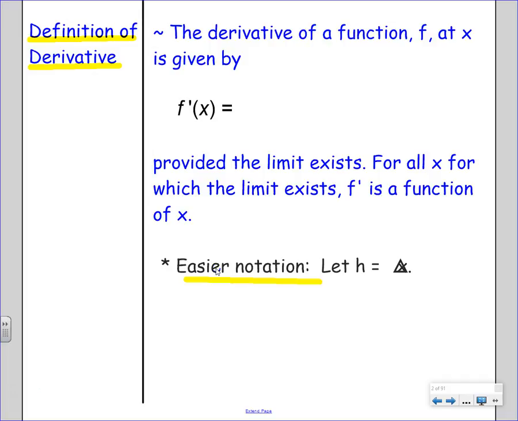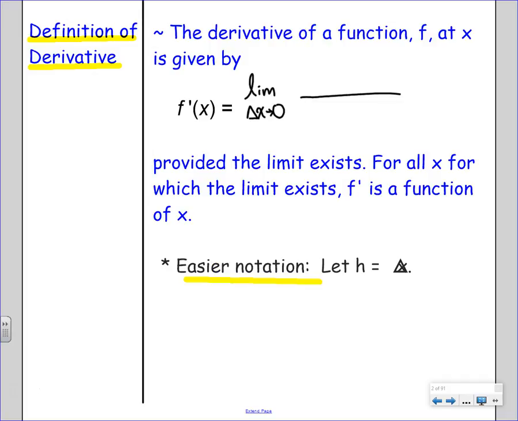From our group activity at the beginning of the year, we talked about how we need to find slopes between secant lines, and we need to make the separation or the distance from the one x value to the other x value. We need to make that distance get smaller and smaller and smaller. We symbolize that by delta x approaching 0.